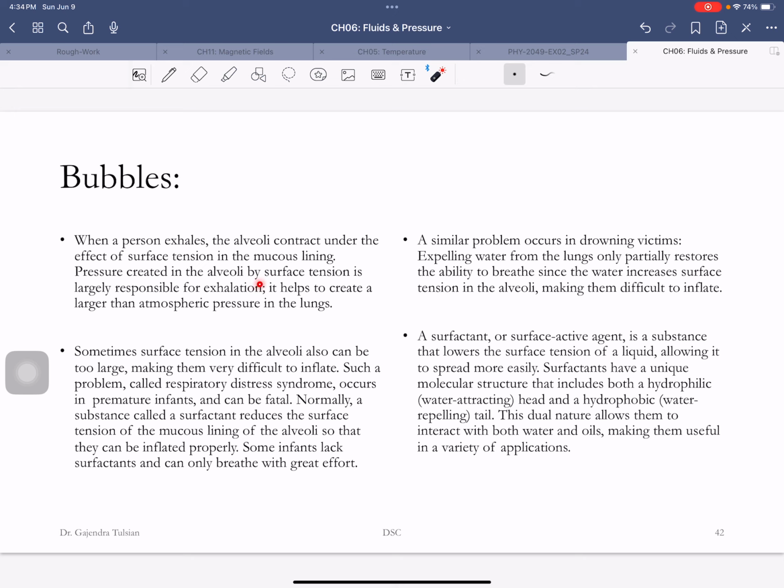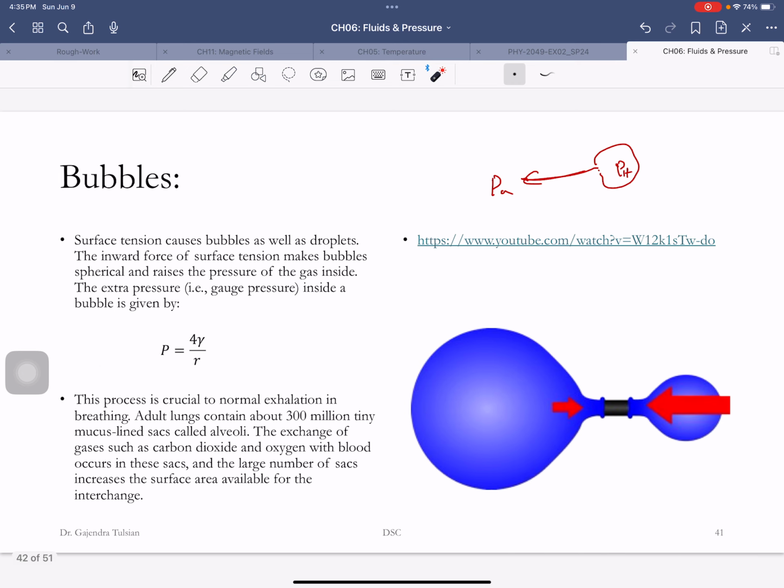Pressure is created in the alveoli, and surface tension is largely responsible for exhalation. Also in the tracheal cavity, we'll come to that as well. It helps to create a larger than atmospheric pressure in the lungs. You have to have larger than atmospheric pressure in the alveoli or in the lungs for the air to move out into the atmosphere.